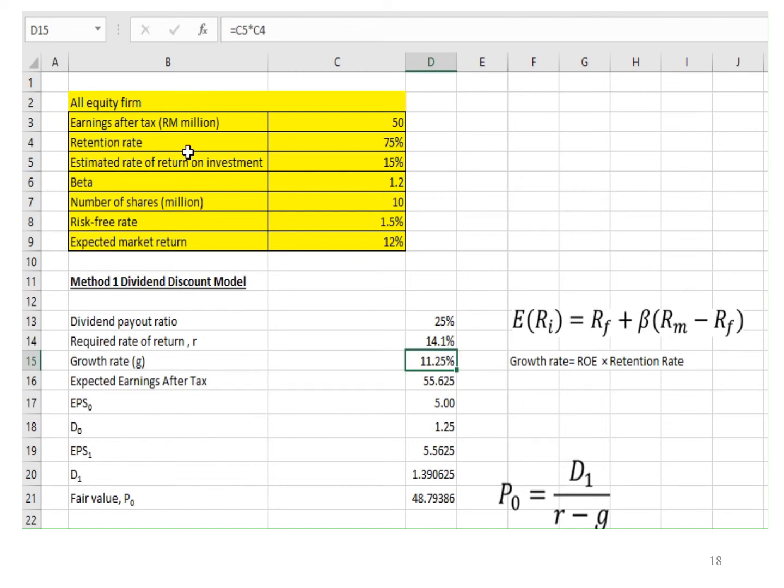Given that the earning after tax is 50 million for the previous financial year, we can forecast the expected earning after tax for the next year using the growth rate. 50 million times 1 plus growth rate of 11.25% is equal to 55.625 million.